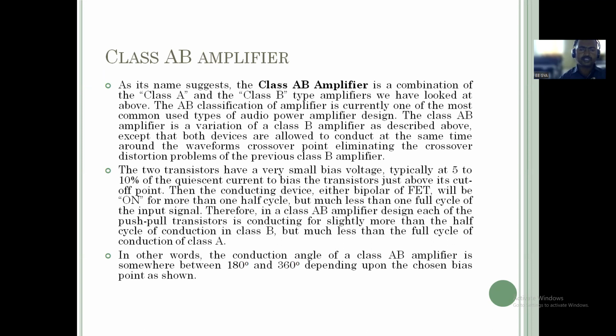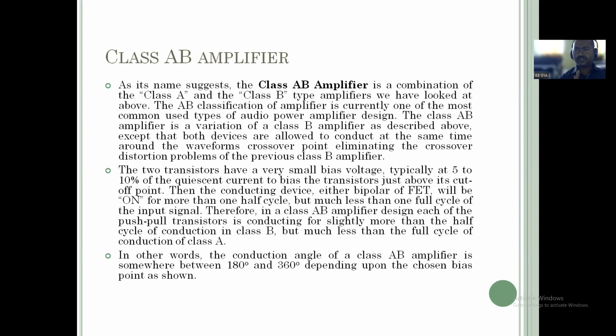So see, in this case what happened, we have to design the amplifier using some of the positive things of class A and some of the positive things of class B. In a class A amplifier, it works for the full 360 degrees, right? We don't require that.